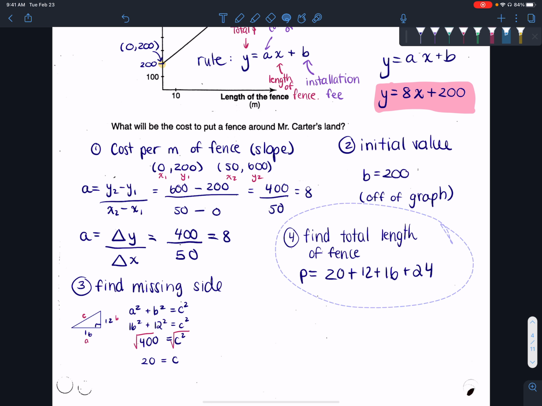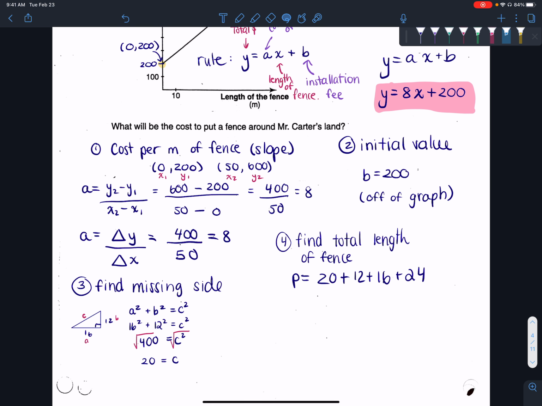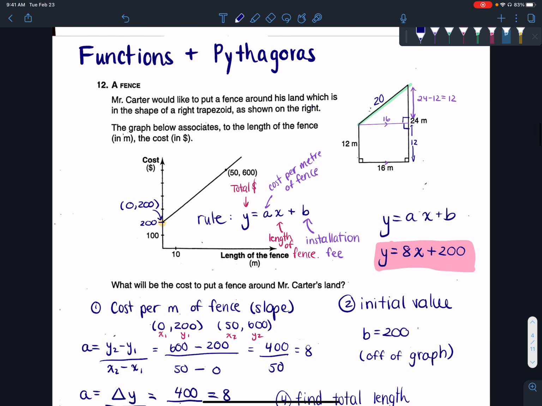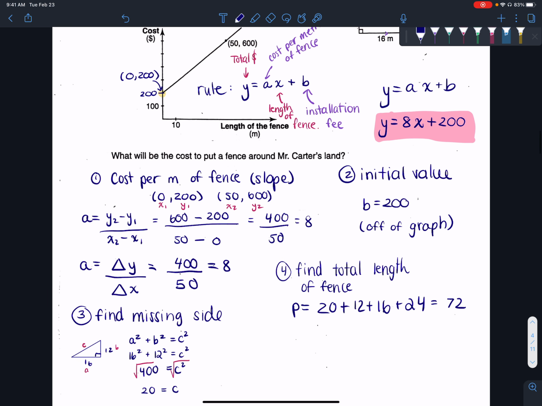I'll just move this step up here so there's some more space. Plus 12 plus 16 plus 24, we get 72. So this is the length of our fence in total. That's how much fence we need to buy.